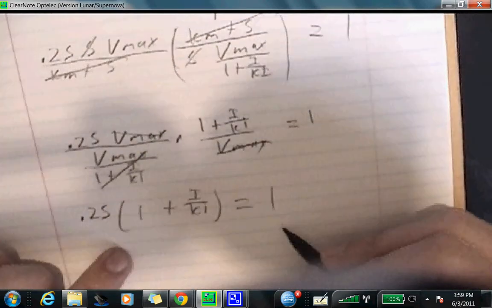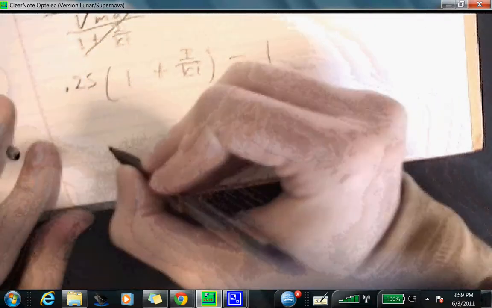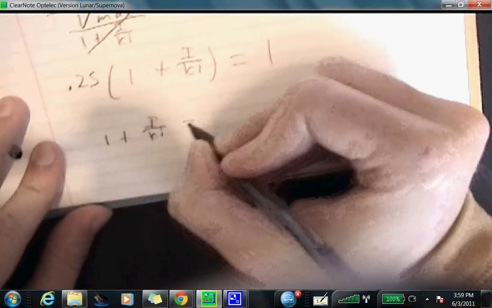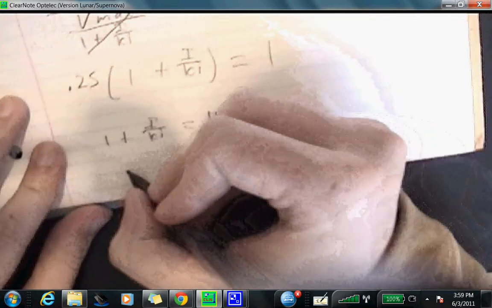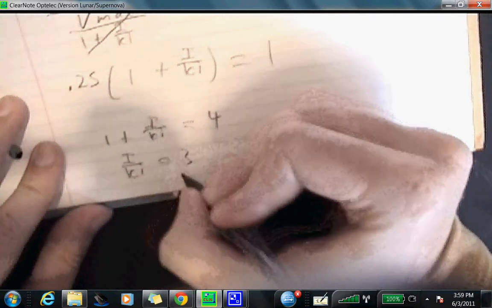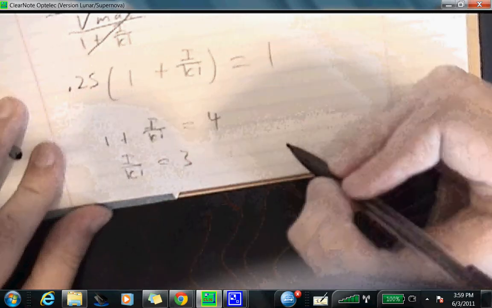When we divide by the 0.25, we get 1 plus I over Ki equals 4. Okay, subtract 1, so now I'm left with I over Ki equals 3. What we're solving for is Ki.